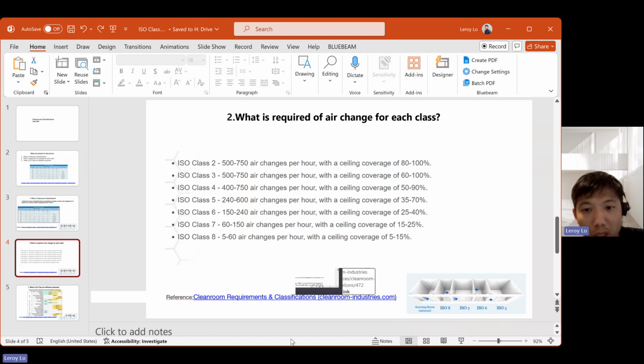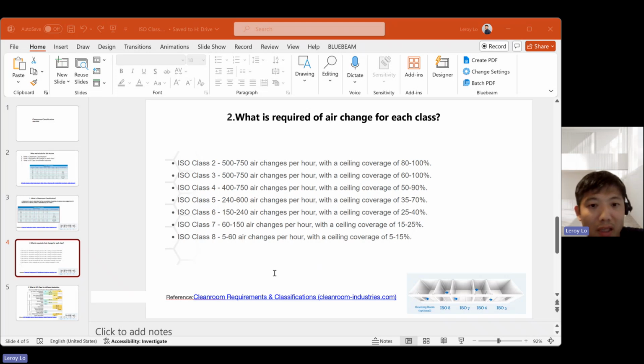The more air change, the more clean air you bring in, so you can remove the particles. The next part is filters. Filter refers to the ceiling coverage, which is the amount of filter you have over a percentage of the area. When you get to ISO 3, you will need 100% filter coverage.